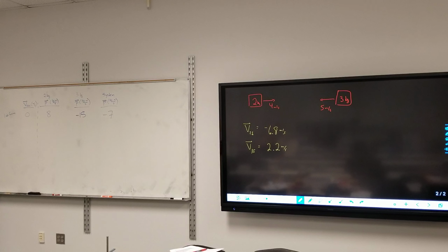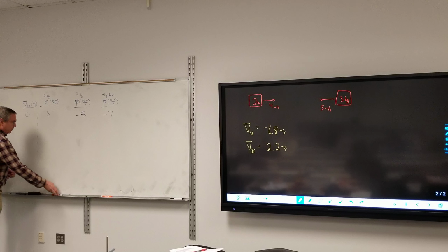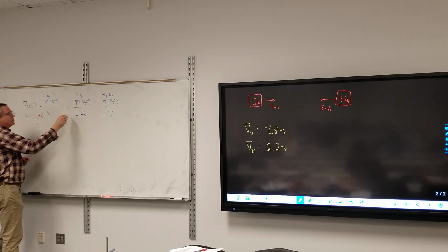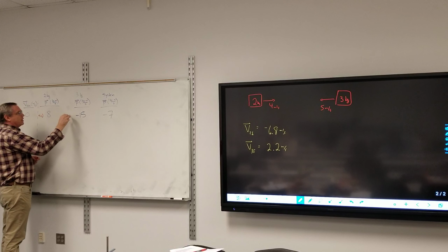All right, this is what we did last week. Hopefully it has some familiarity to you. So, I'm gonna put Karen off to the side here. This was going 4 meters per second, and this was going -3 meters per second. No, -5 meters per second.